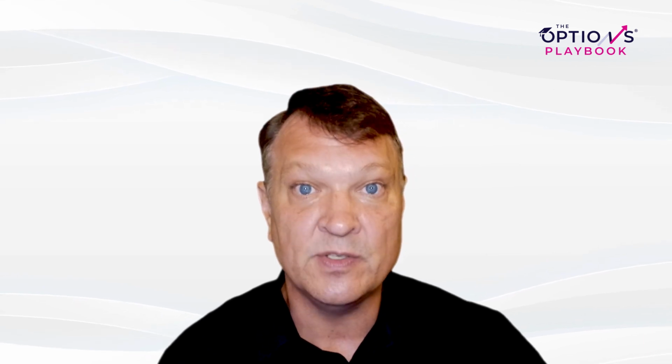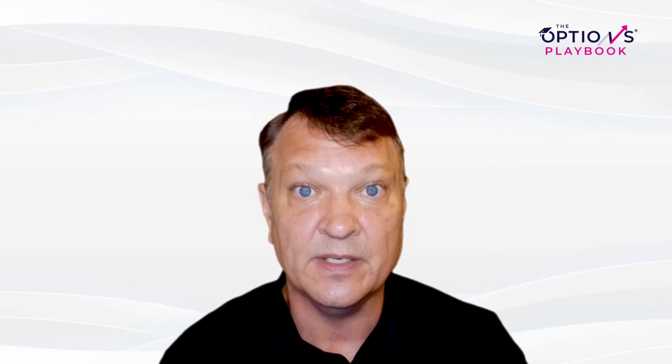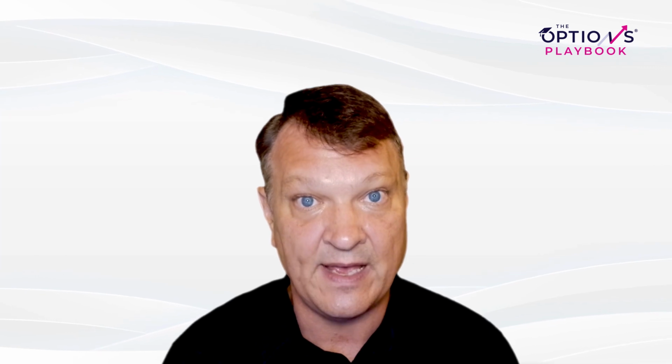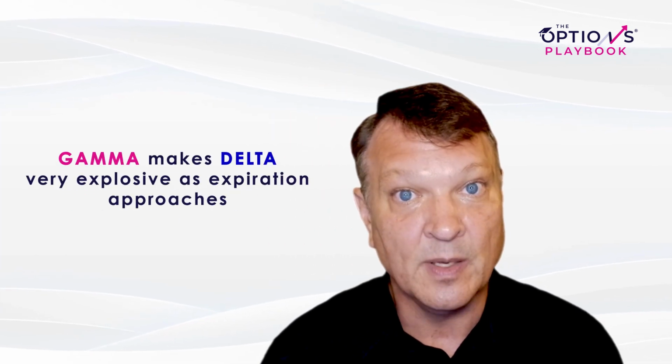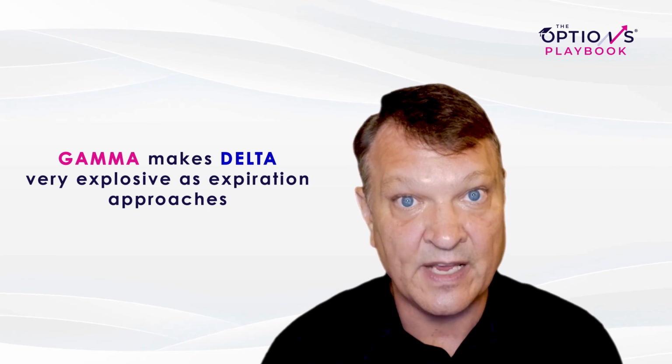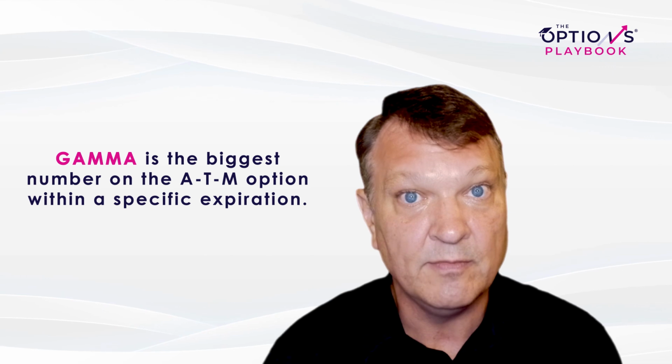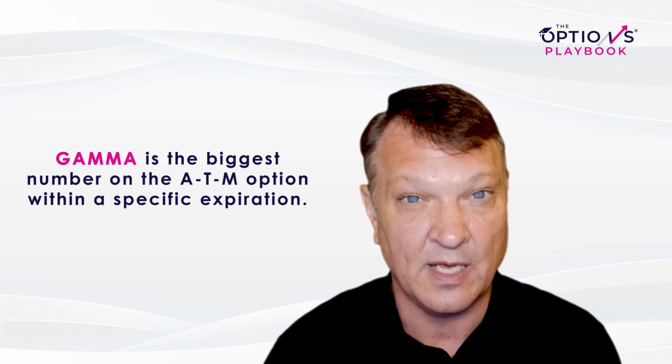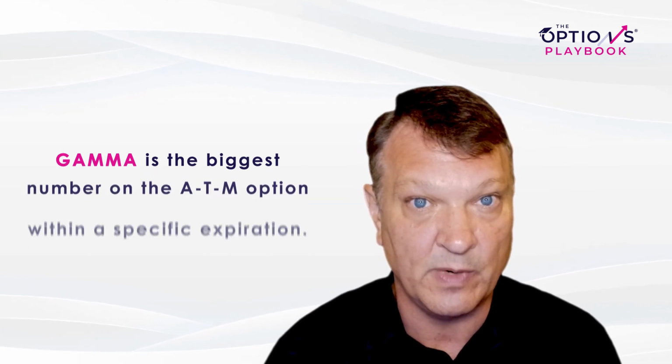What I want you to take away from this video is the concept that gamma becomes very explosive on delta as expiration approaches, and it is the biggest number for that at-the-money option contract within that expiration.